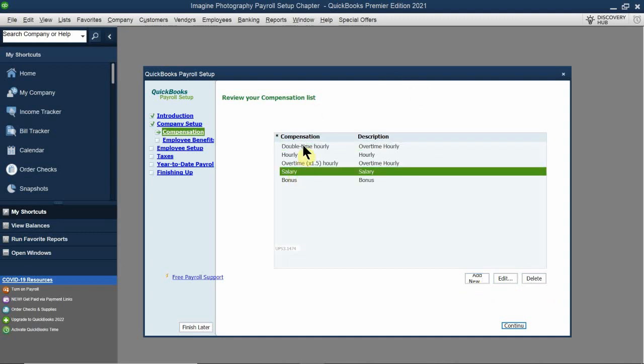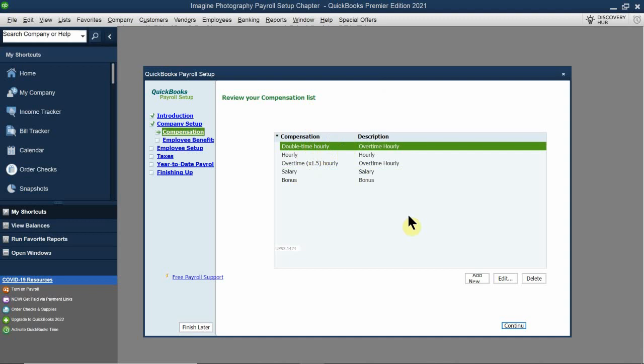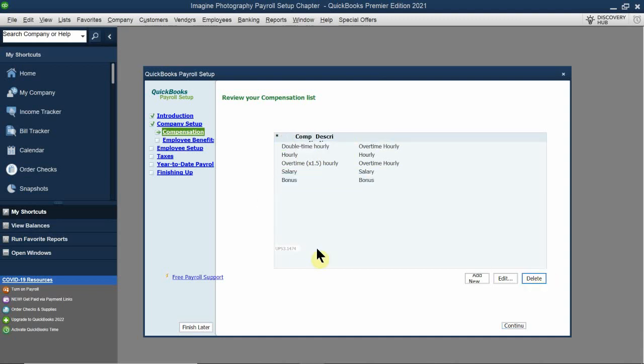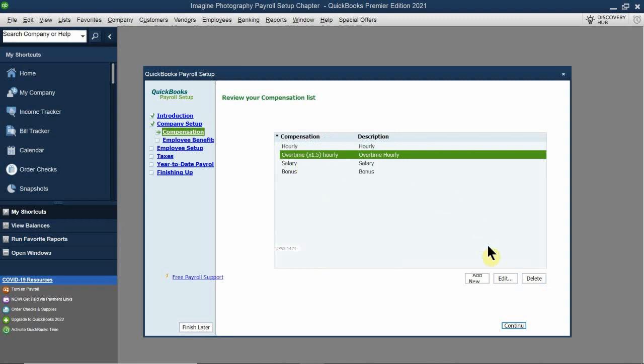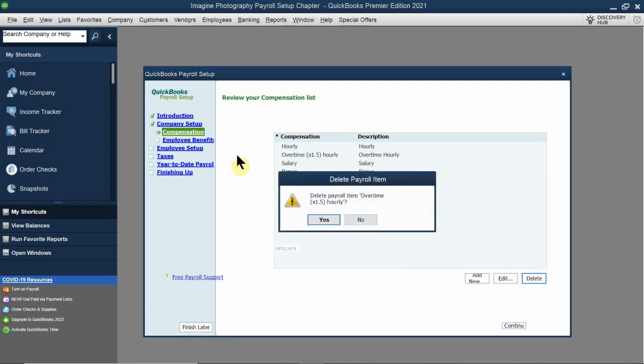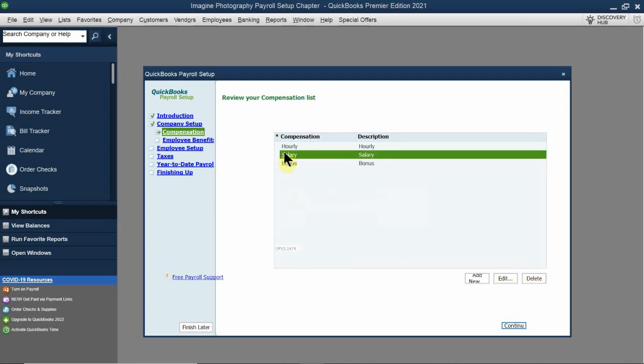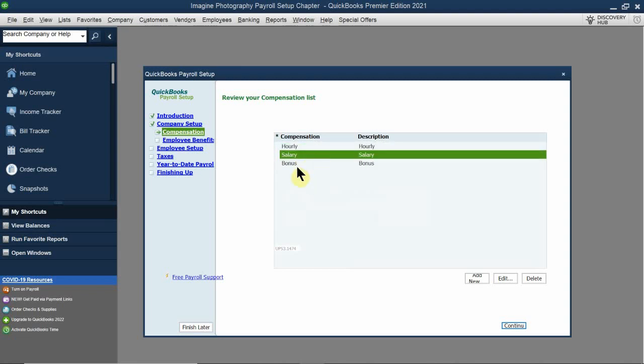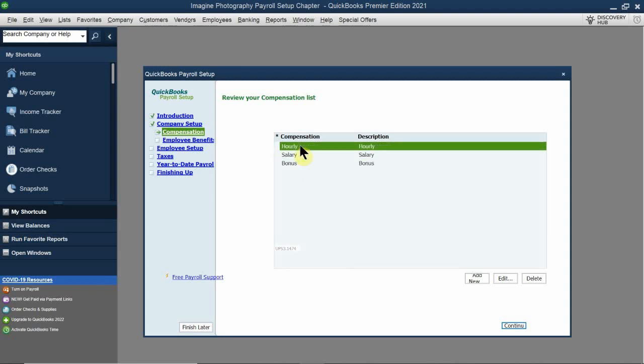Now in this case, right, I don't offer double time, so I can delete that. And it will ask you, are you sure? Yes. I don't offer overtime either, so I can delete that. Yes. Okay? So I have hourly, salary, and I got a bonus. In this case, I want to go ahead and change what this says because hourly can be something, right?